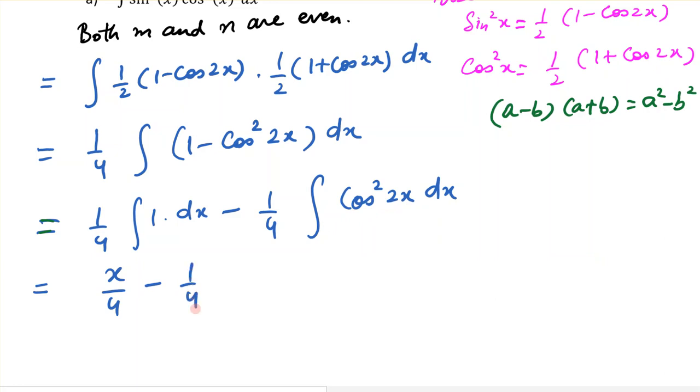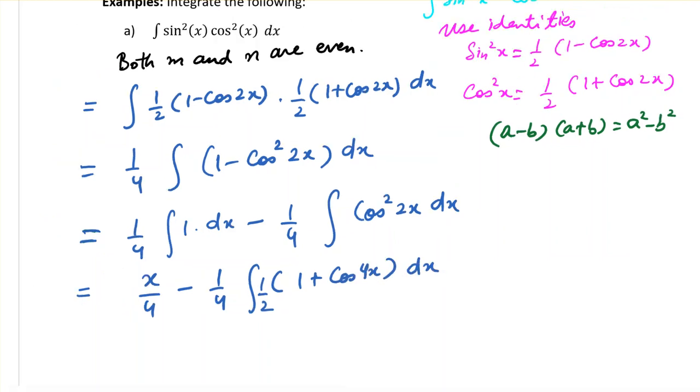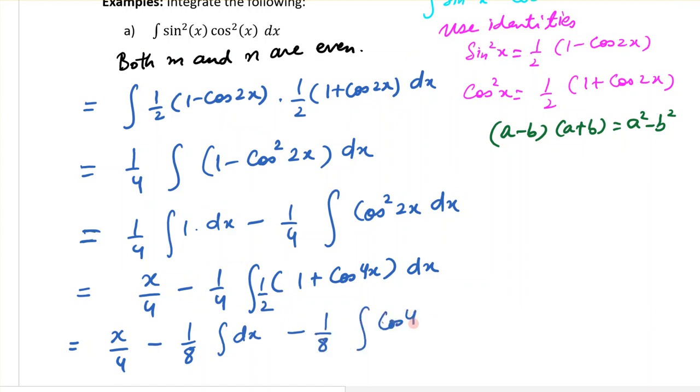So we get 1/2 times 1 plus, and since the angle is 2x, the angle is going to double, so now we have cosine of 4x dx, which can be written as x/4 minus 1/8 integral of dx, and minus again 1/8 integral of cosine of 4x dx.